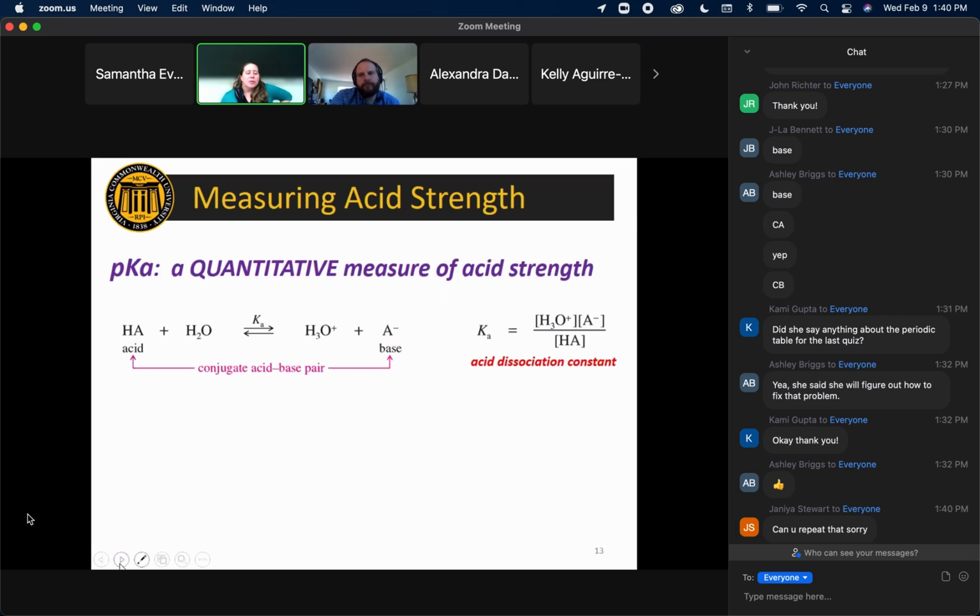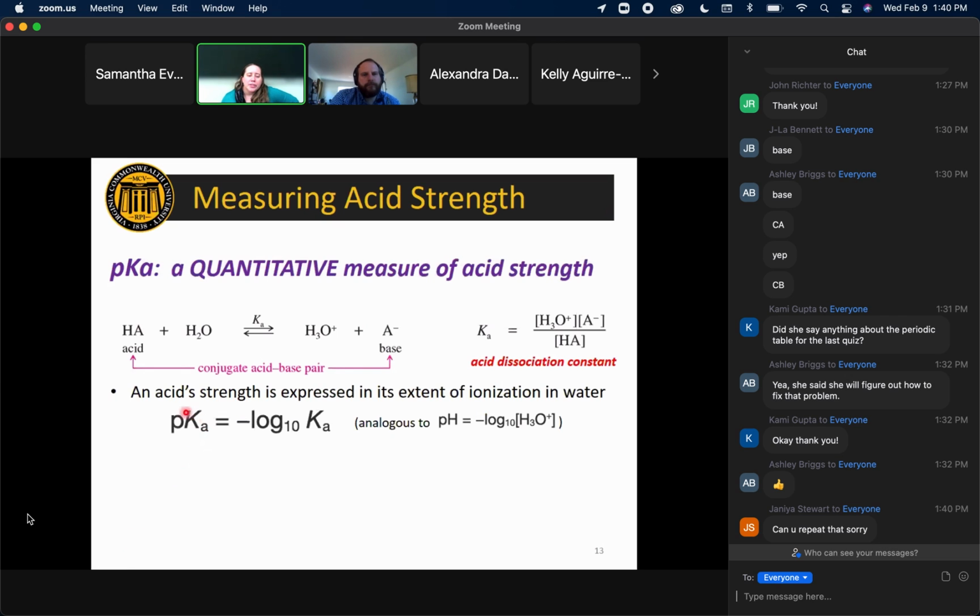So what we can do, just like with a pH scale, is take this equilibrium constant and turn it into a number that's more meaningful to us, because Kas are numbers that range from the hundreds or thousands to 10 to the -50. It's really hard for us pea-brained humans to grasp numbers across that big of a scale.